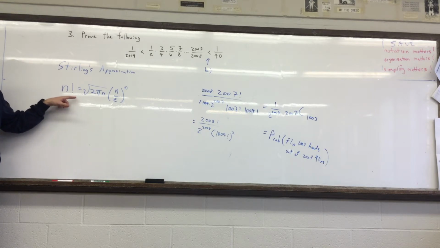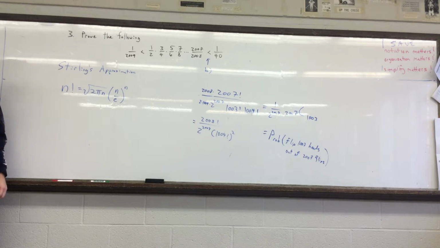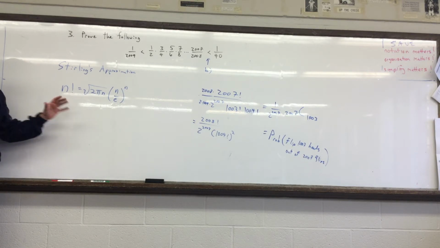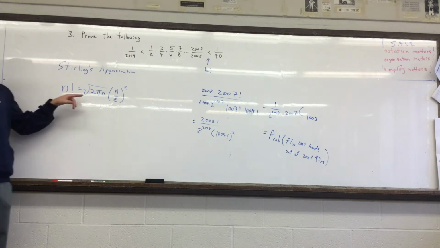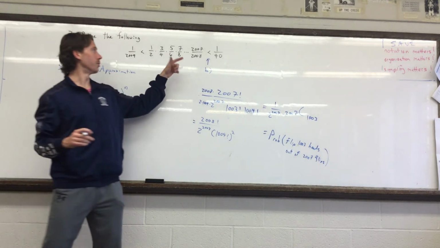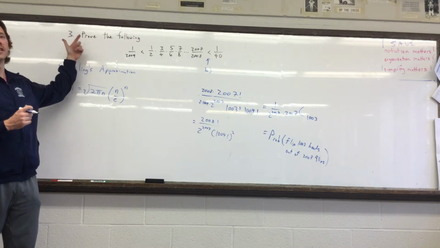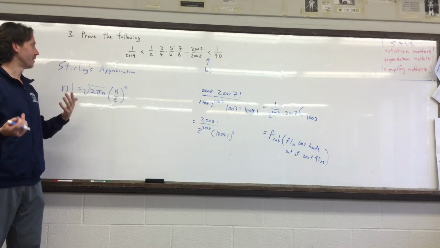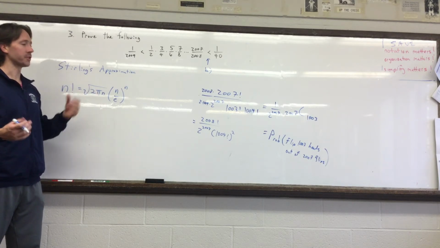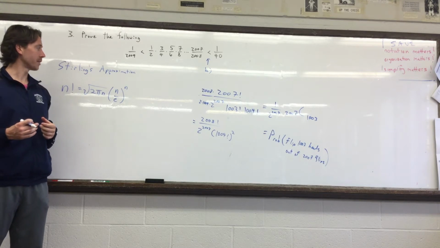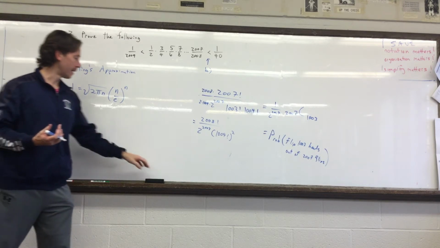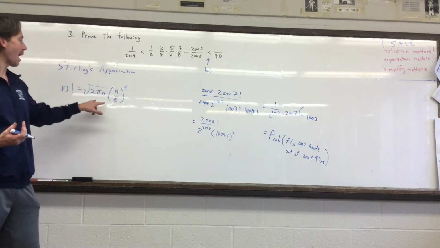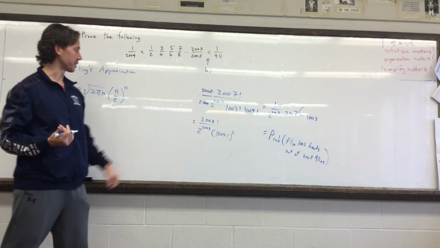If you haven't seen it before, yeah, it's useful for this kind of problem. I guess we're allowed to use it here, although now it's an approximation, so it's going to be hard to say that we've proved it unless we also have a formula for how close this approximation is to the real value. I don't have that handy. But anyway, let's see what happens if we try and use it to simplify this expression.